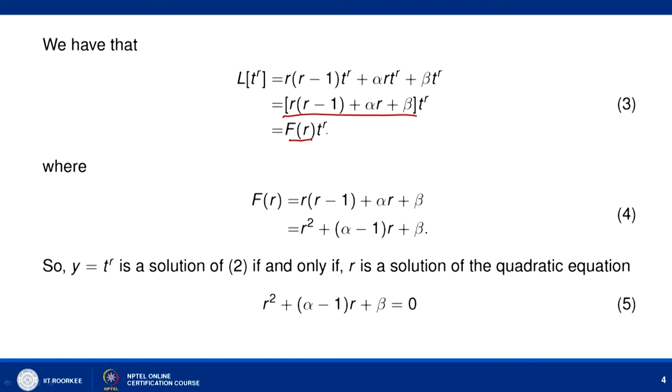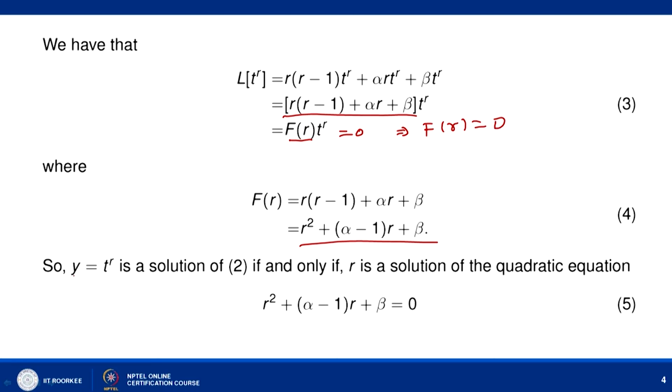We say that here f of r is known as the indicial equation, and it is given as r into r minus 1 plus alpha r plus beta. We can simplify and have f of r as r square plus alpha minus 1 r plus beta. So, we can say that L t to power r is equal to 0 provided that f of r is equal to 0.